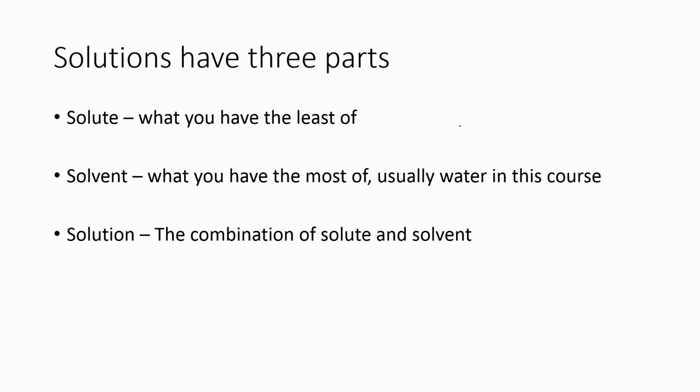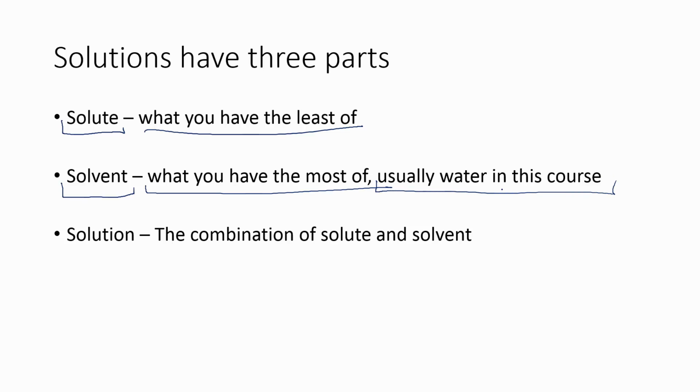But the three parts that we have to a solution: one is the solute. That's what you have the least of. The solvent is what you're going to dissolve the solute into, and that's defined more rigorously as whatever you have the most of in the mixture. Now, usually that's going to be water for this course.